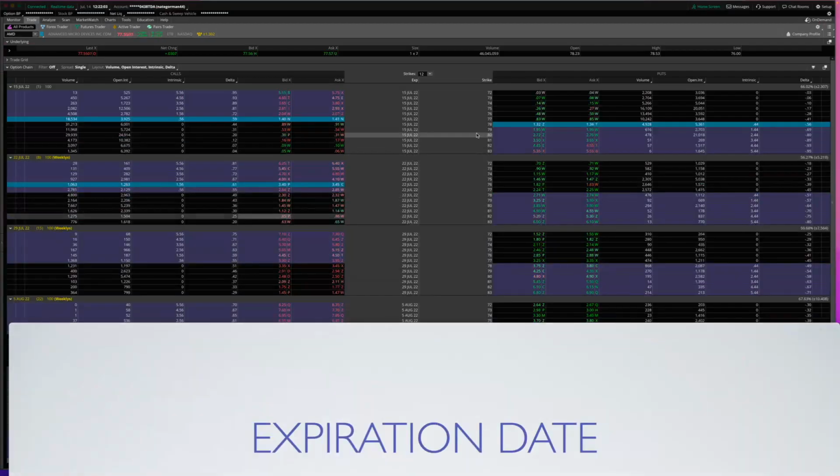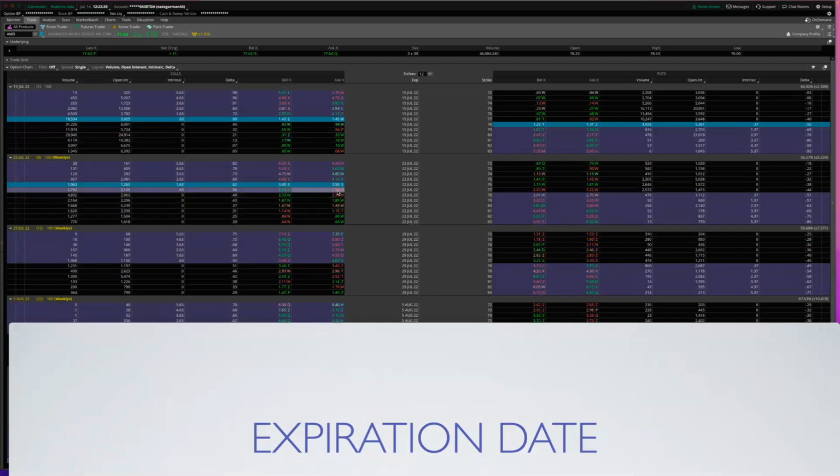is the expiration date. Like let's say we had bought the AMD July 22nd calls, as July 22nd comes up, that means that that option will expire on the 22nd.